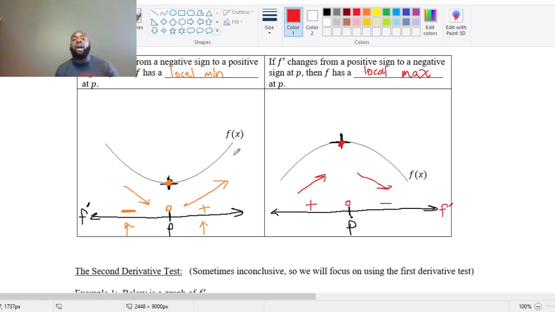Now, we have this graph here, but when we do examples, I'm going to give you a function in its algebraic form, and you're not going to have the graph to be able to easily see negative and positive, decreasing to increasing. And so I like to put this little notation up there.